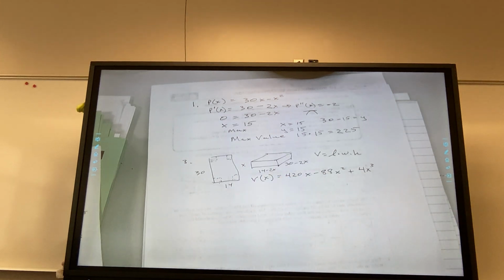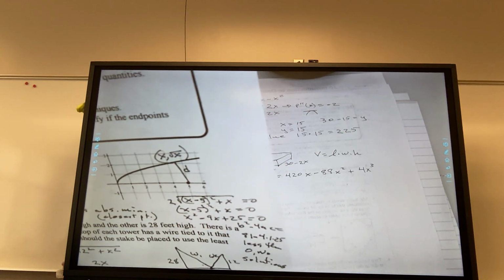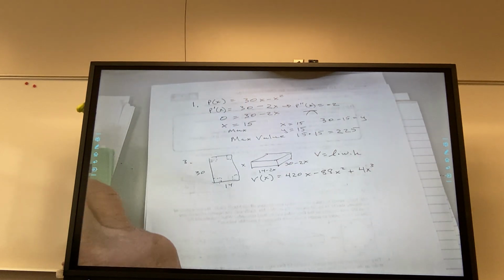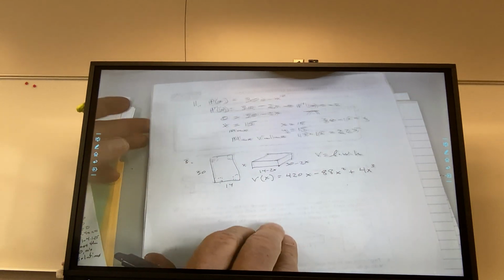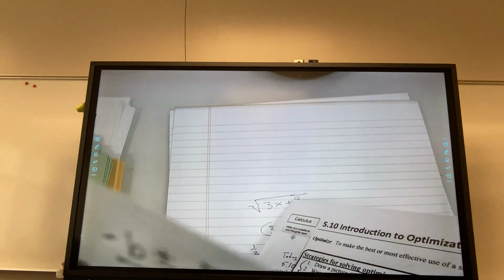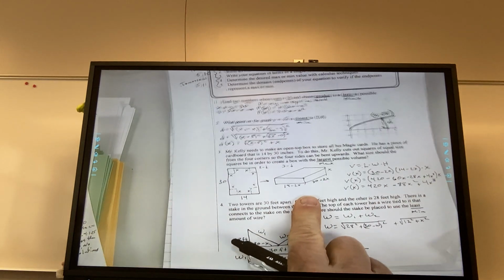If you look at your notes, yeah, these are the notes that we did on Friday.